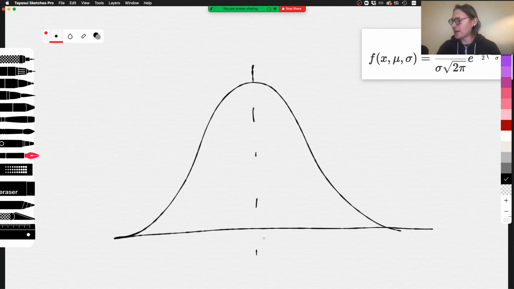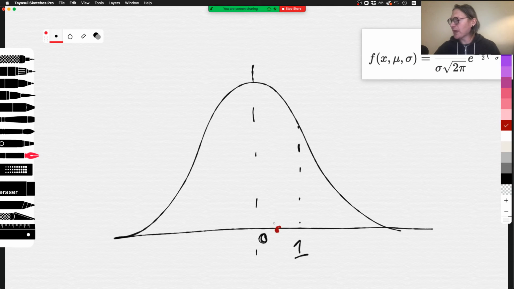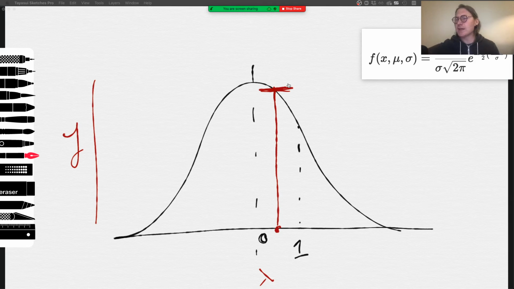So if we're saying the mean is 0 and we have a standard deviation of 1 and we're looking for the value at 0.5, what we're getting is the height here. So this is essentially f of x, and these are our x values, and these are our y values. So we're getting the value out here. So we're going to use that in the cumulative density function.